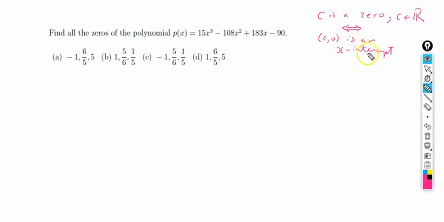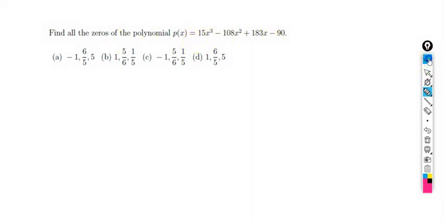So if I can find x-intercepts, I'll have located real zeros. Okay, so let's look at the graph of this.